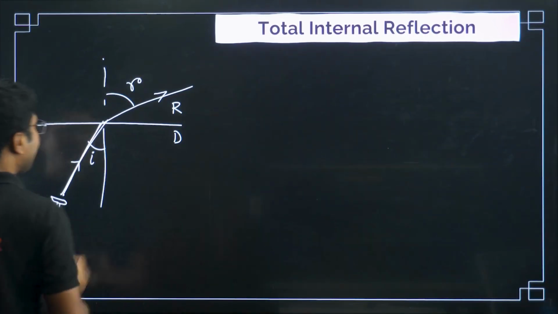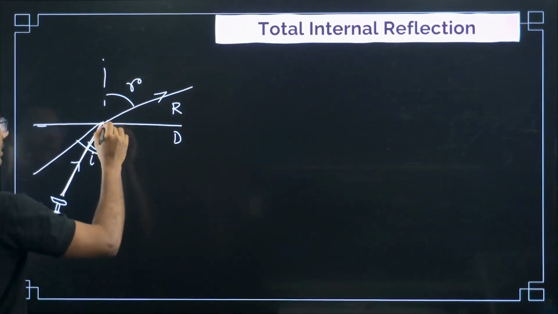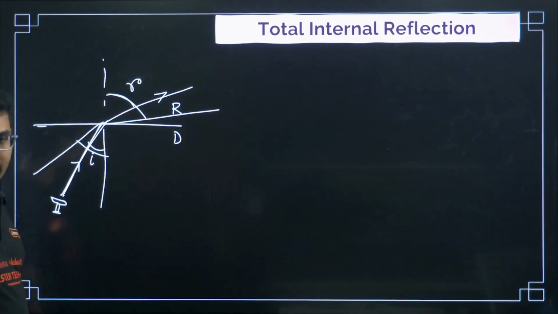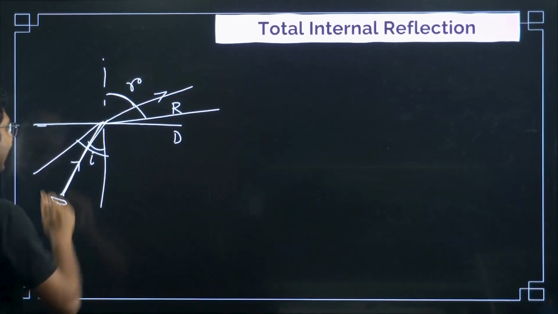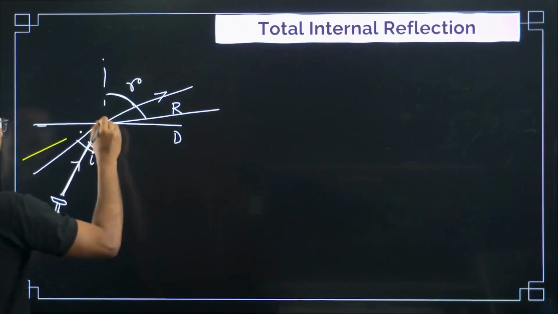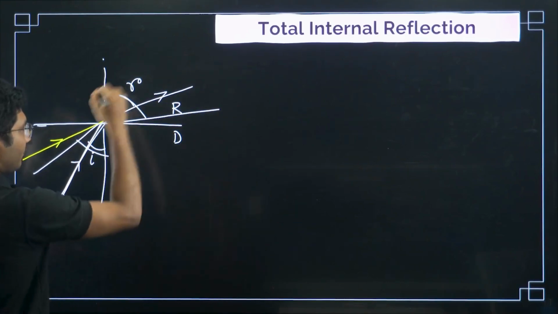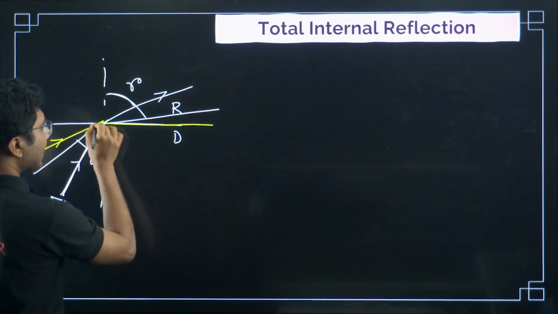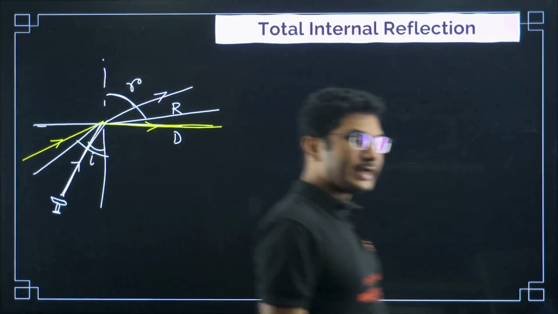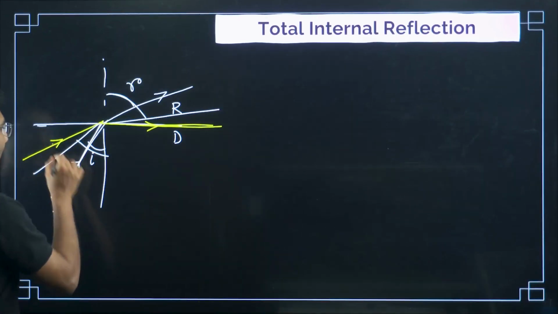Now if you increase the value of I by a small amount, what will happen? The angle of refraction will also increase, right? Sin I by sin R has to be constant, and at a certain angle of incidence, the light ray will no longer pass into the first medium, but it will pass through the plane which divides these two media. This is a very special angle.